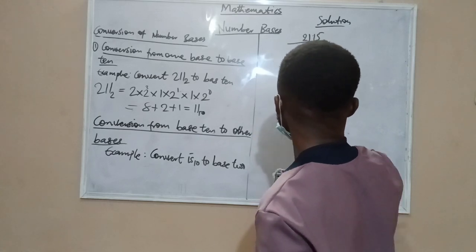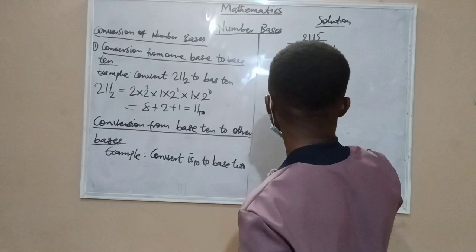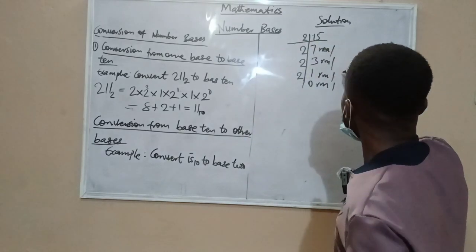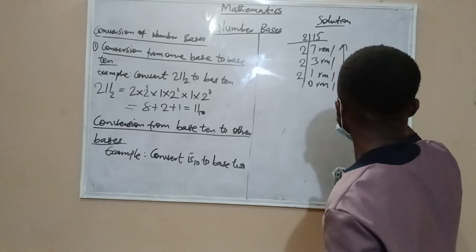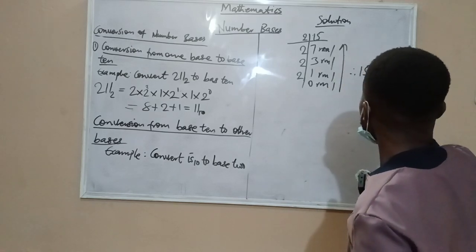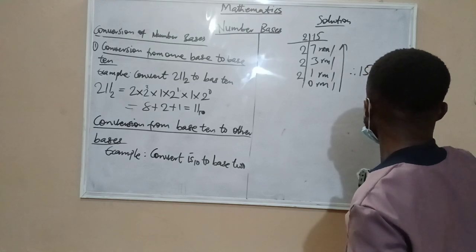Then 2 in 3 is 1 remainder 1. And then 2 in 1 is 0 remainder 1. And we take this way, therefore 15 base 10 equals 1111 base 2.